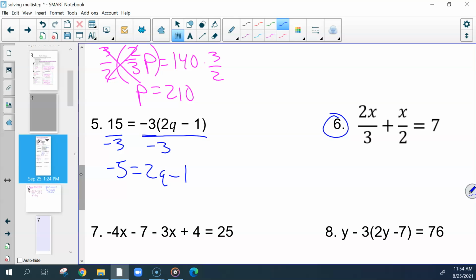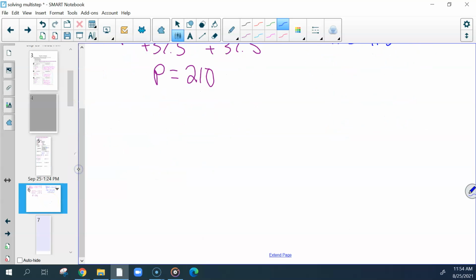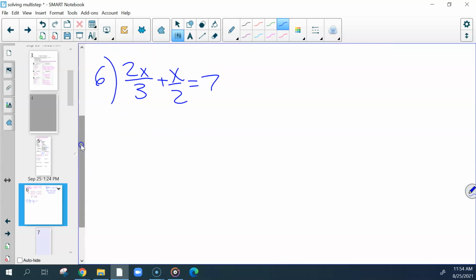Alright. I'm going to rewrite this because I'm going to need space. Someone read that problem off to me. Right? With this one, you can do it so that you're doing it with the fractions, or you can solve it so that you don't have fractions.